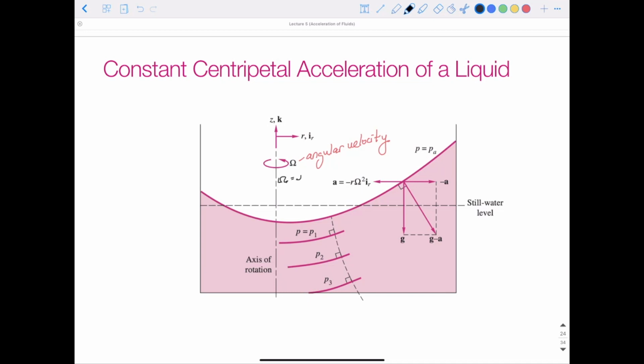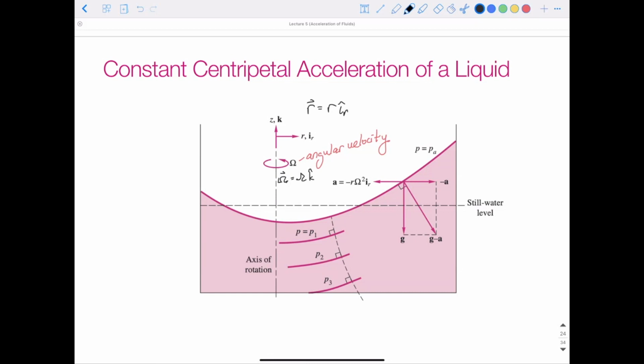So this would be omega times k hat. And our position vector r is equal to r times i hat.